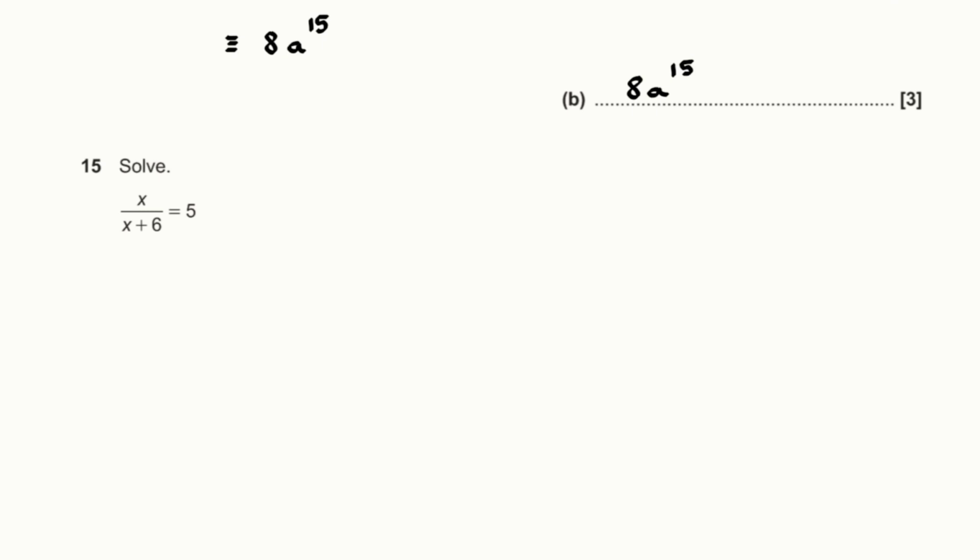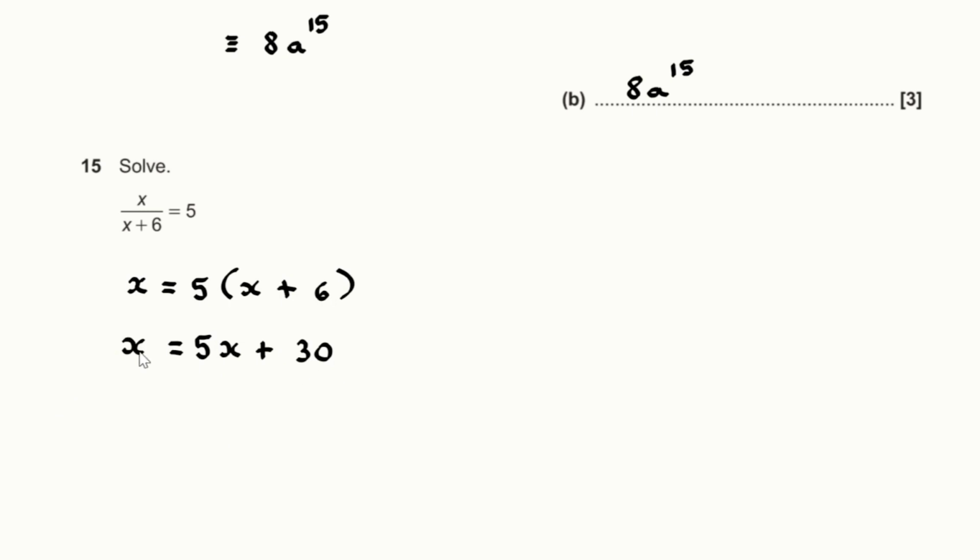Question number 15. We have to solve x over x plus 6 equals 5. If we multiply through by x plus 6, we end up with x equals 5 lots of x plus 6. So we have x equals, well, 5 times x is 5x, 5 times 6 is 30.